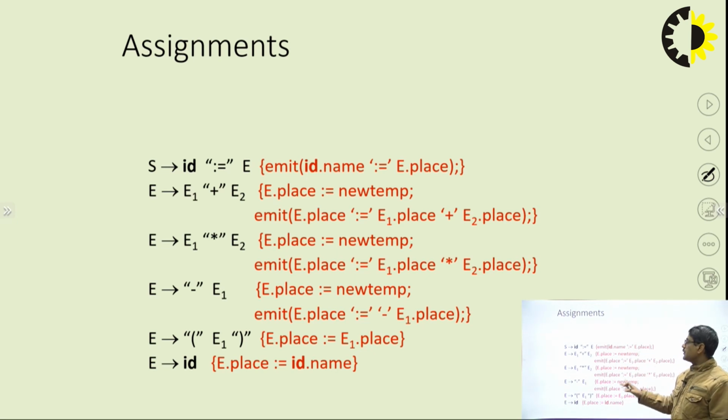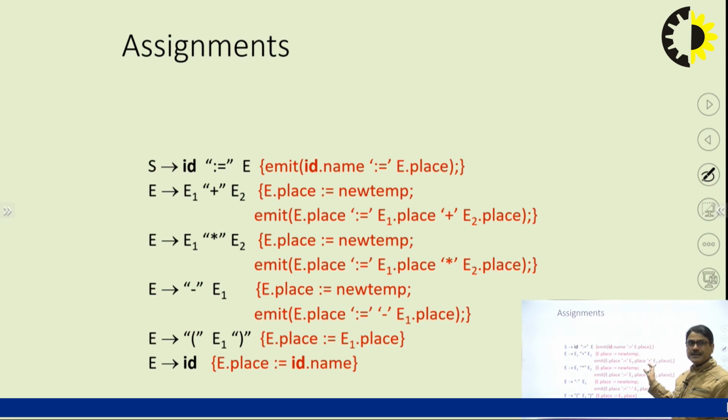Okay. So if you are going to discuss this semantic action, emit is the operation. Emit is the function which basically hides whatever temporary variables you have inserted and whatever operations are performed.